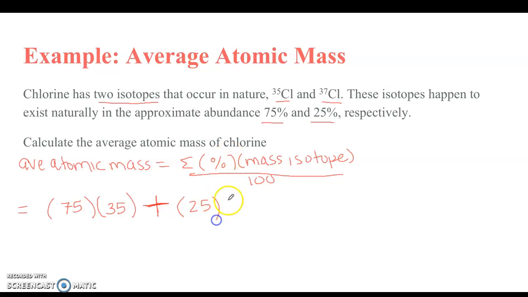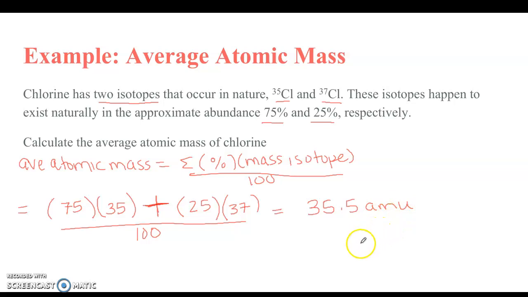25% times the mass, divide by 100 to get rid of the percents, or you could have written both these numbers as decimals. And when you plug this into your calculator, you should get 35.5 AMU, which is exactly what's on your periodic table, or very, very close to it.